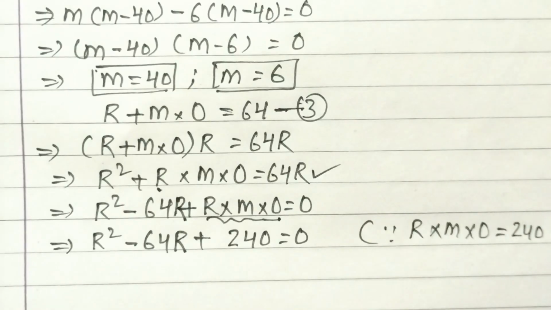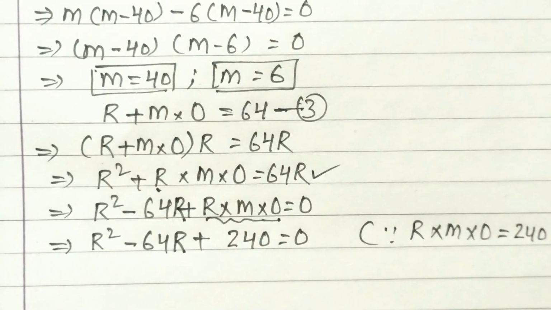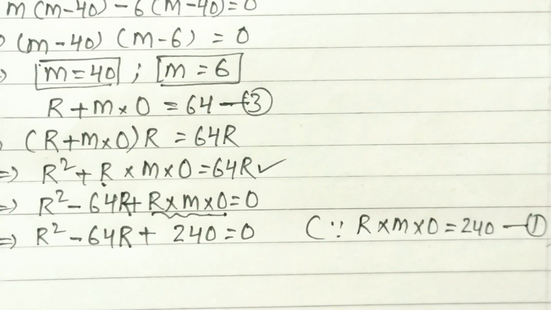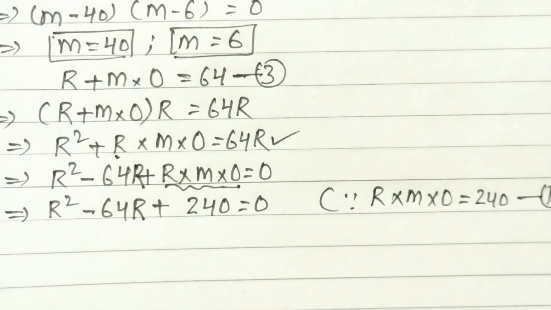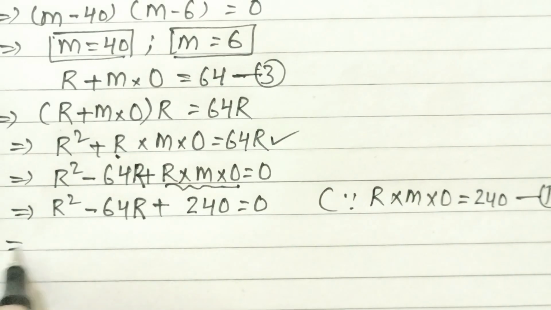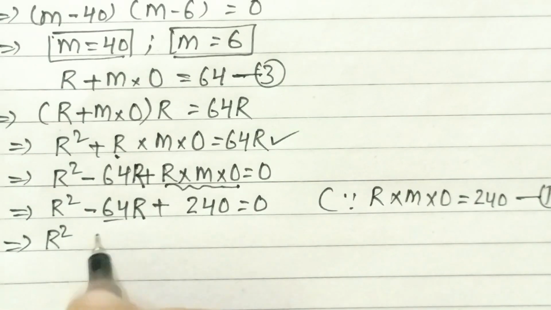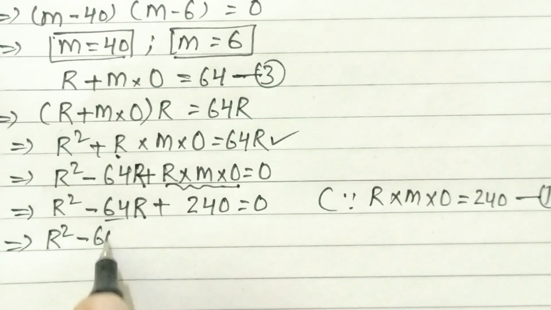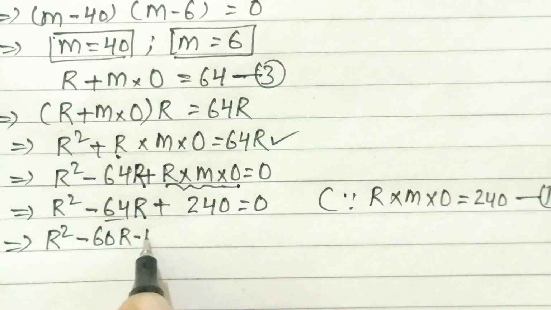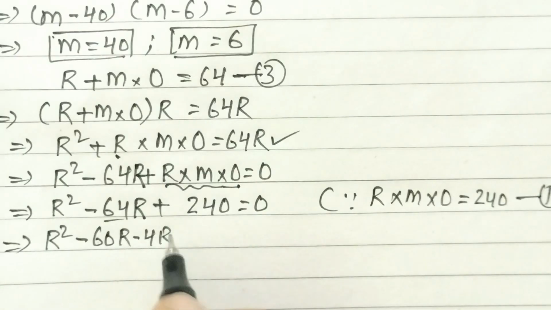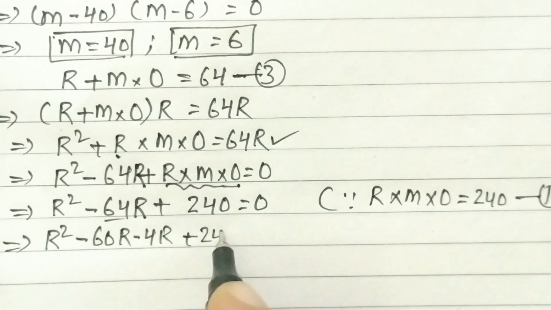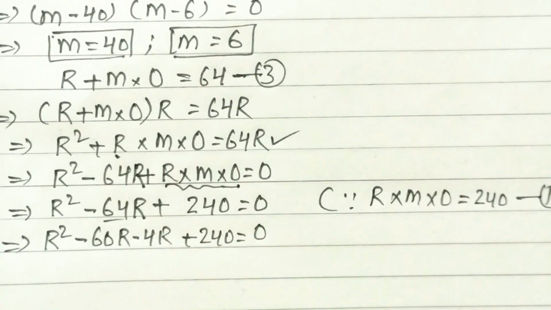So in the next step, R square minus 60R minus 4R plus 240 is equal to 0.